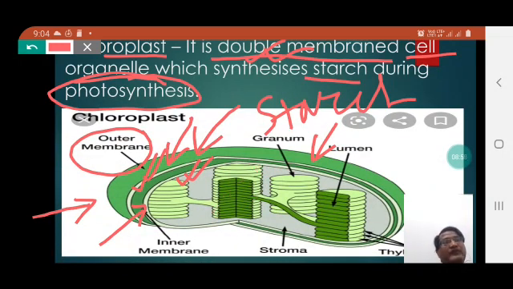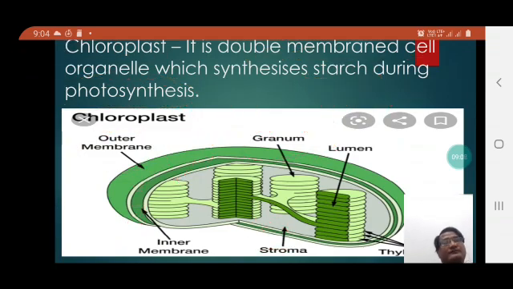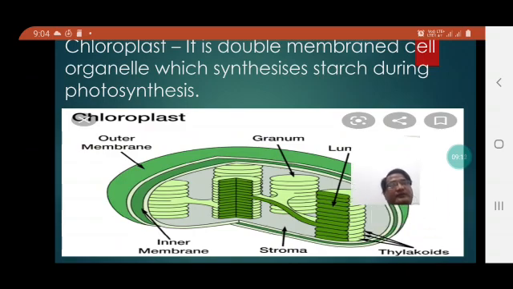Students, you can also find inside the chloroplast the presence of grana and stroma. Students, grana actually is the collection of thylakoids.